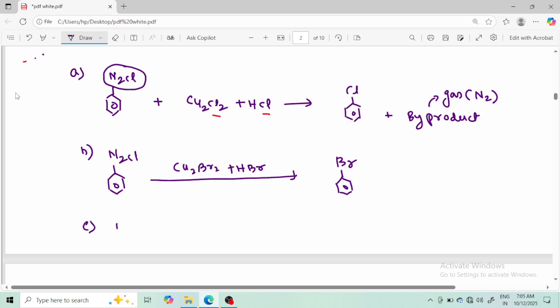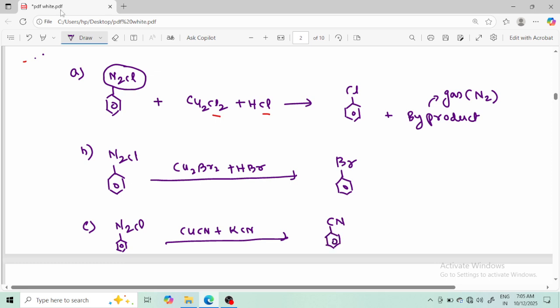Third one is if N2Cl is reacting with CuCN and KCN. Here this CN part will replace this N2Cl, so here it will be CN.